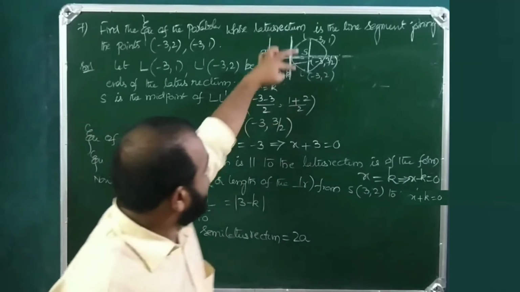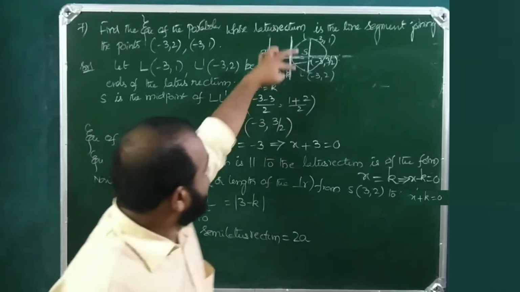Because this is the vertex of the parabola. The vertex, focus and foot of the directrix all lie on the same line, collinear points. Therefore SA equals A, ZA equals A, so SZ equals 2A.